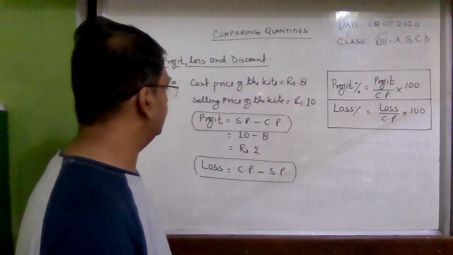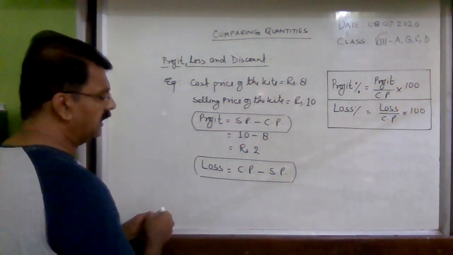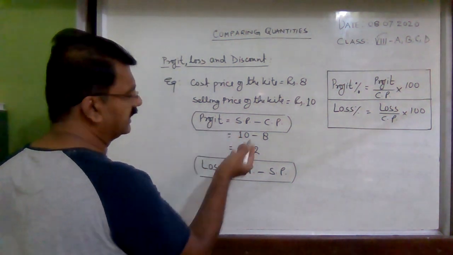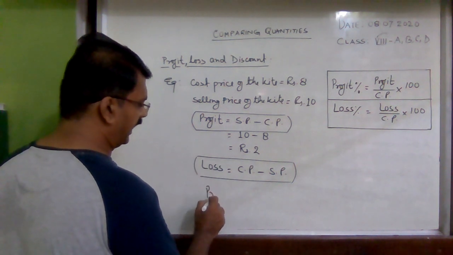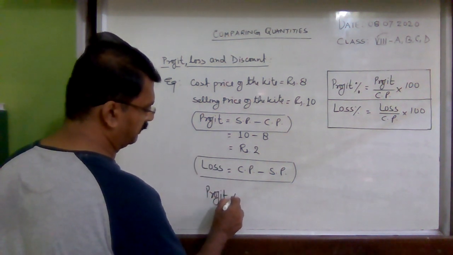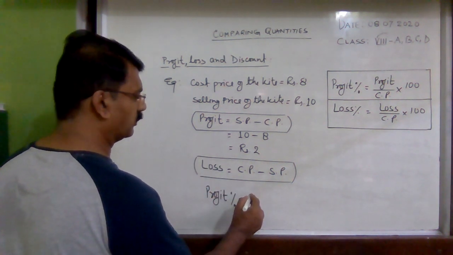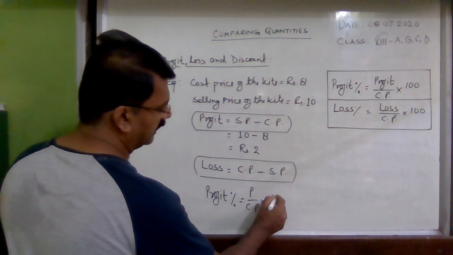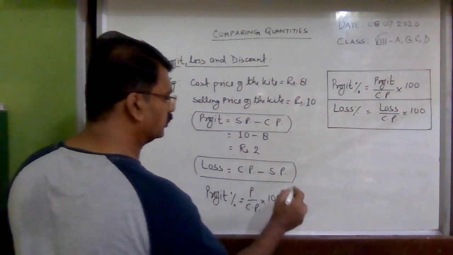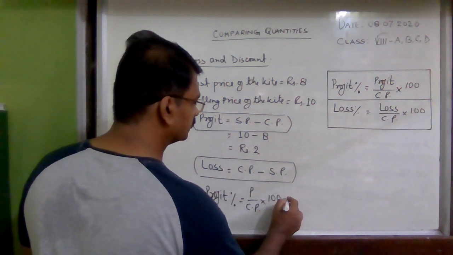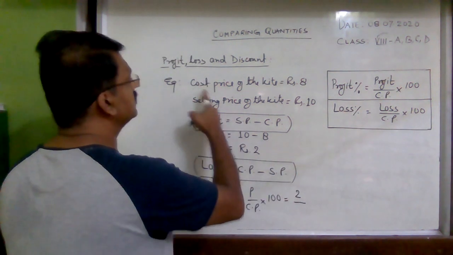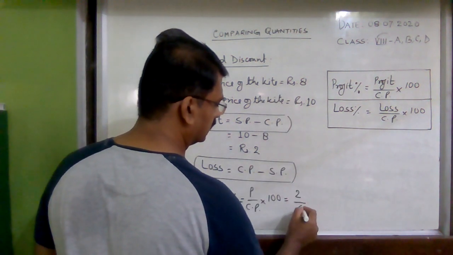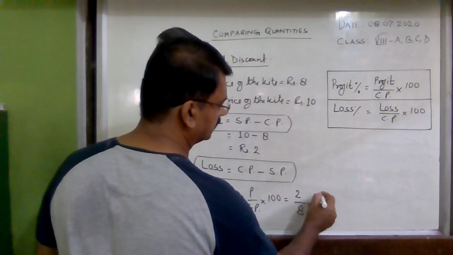Clear? Now in this particular example, definitely there is some profit, so if I am going to calculate profit percent, according to the formula it is profit upon CP into 100. Profit is rupees 2, CP was 8, into 100.